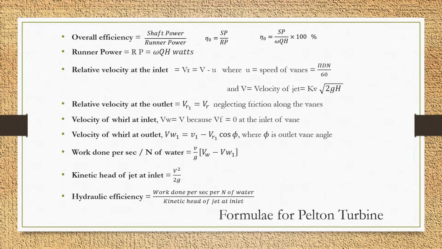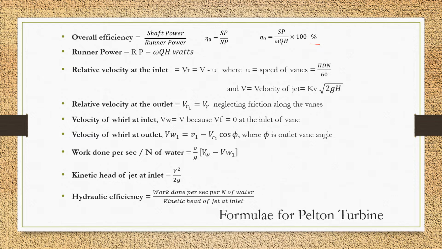Next are the efficiency and other formulas. The first here is overall efficiency, which is the shaft power upon runner power. So it is equal to shaft power upon WQH into 100, because we are writing it in percentage. So runner power is WQH.